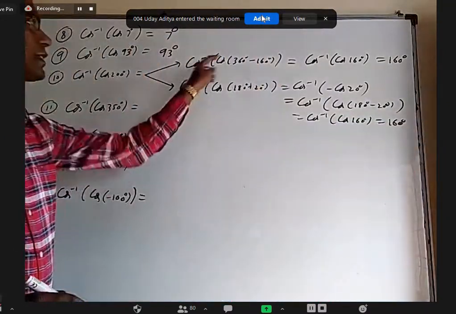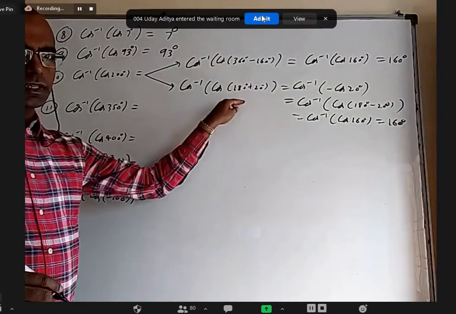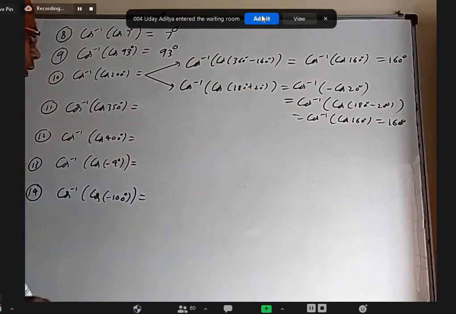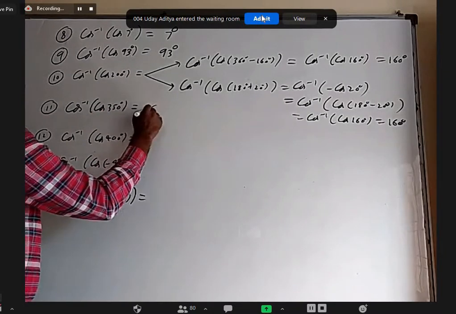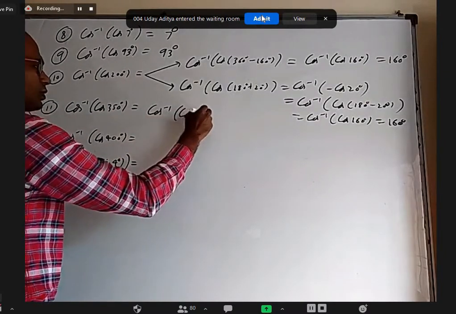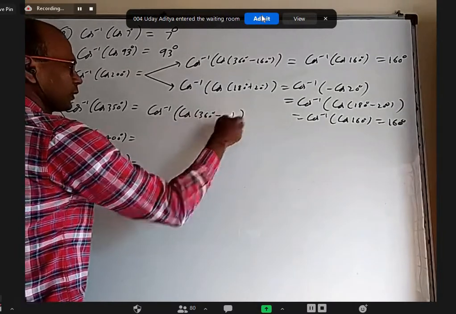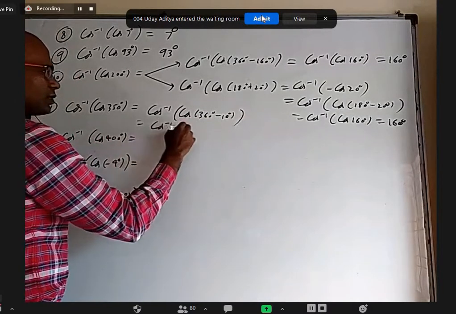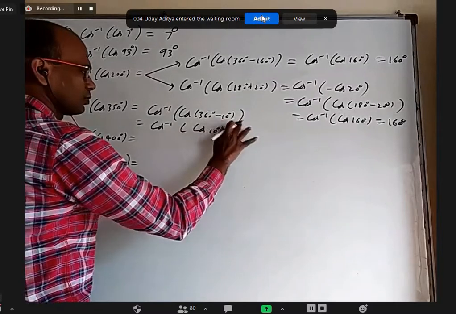Okay, so the first one is easier, but if somebody has already done this part, this is how to proceed. This is also not within the principal values. I think it is easy to write in terms of 360, cos 360 minus 10, which is cos inverse cos 10 degrees, so 10 degrees.